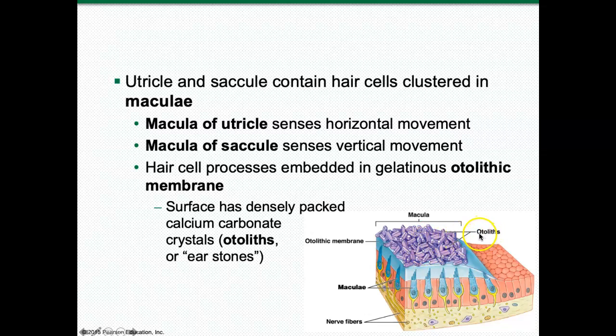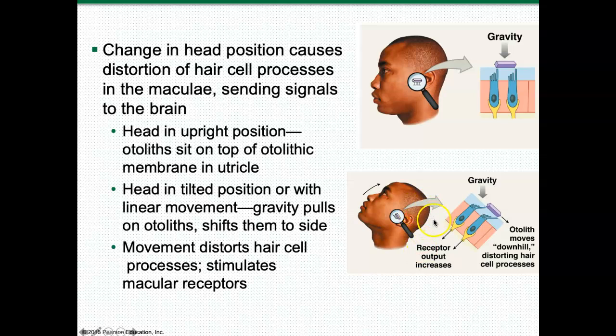Oto is ear and lith is stone. These are in the utricle and saccule, and so they're not moving at all when the head is upright. But he tilts his head back, and it causes the otolith to distort those hair cells. And that sends an action potential saying that the head is tilted backwards.